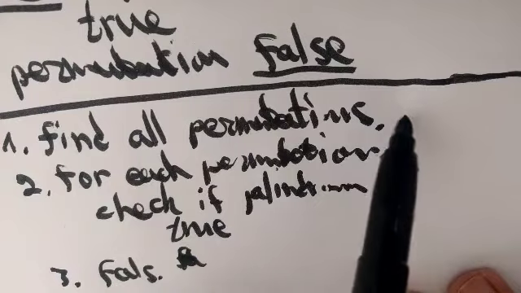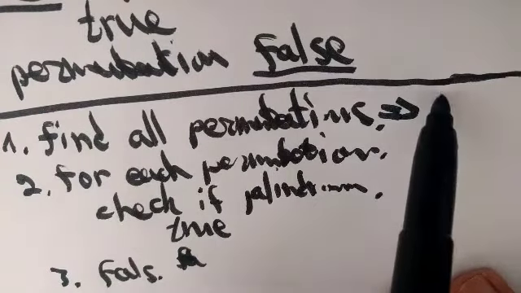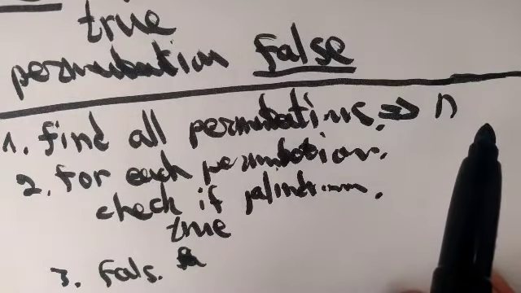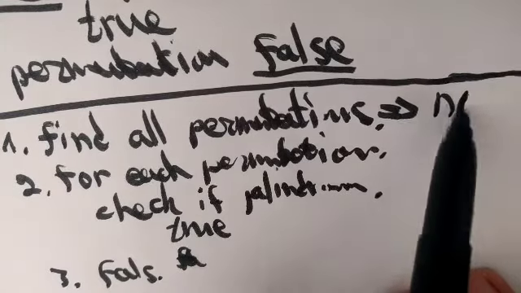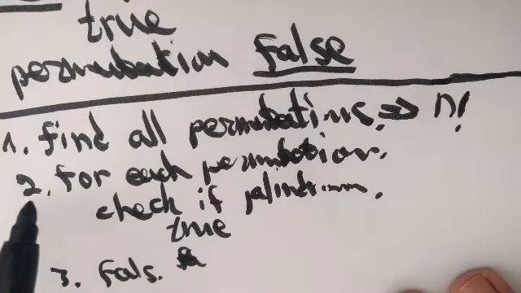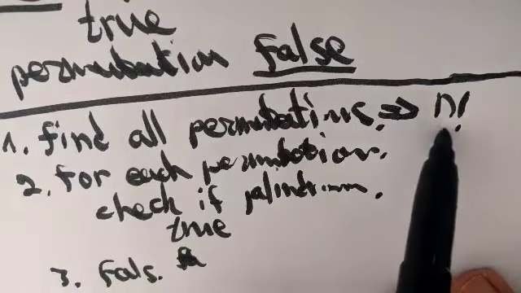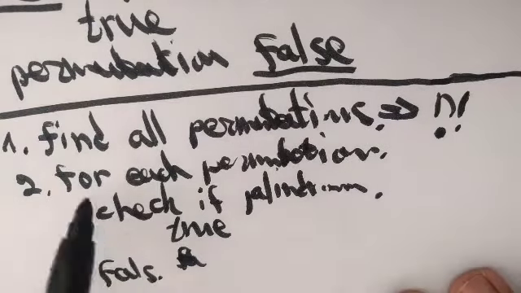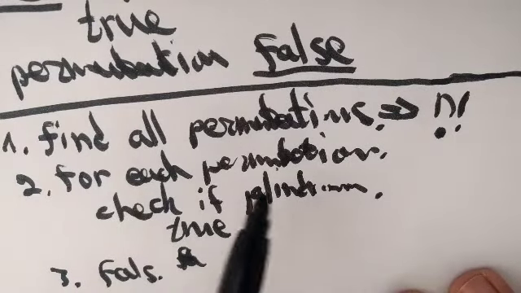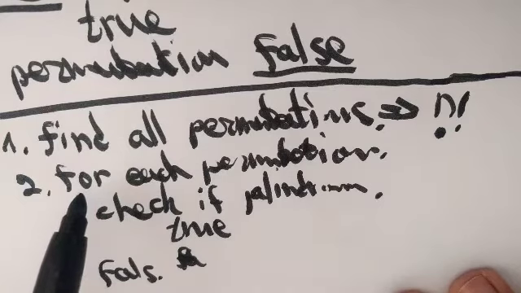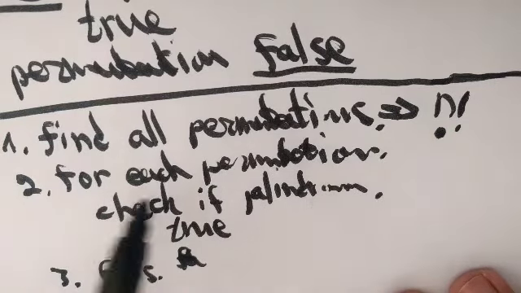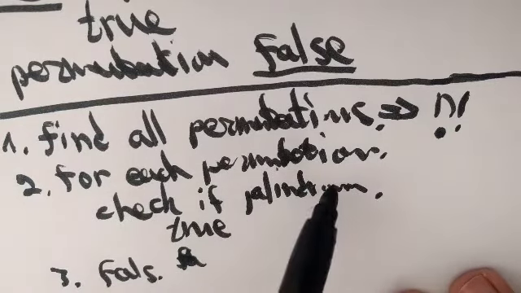So how much time does this take? Well, we know that finding all permutations is n factorial, and then for each permutation you need to check whether it is a palindrome or not. How much time would it take to check that?